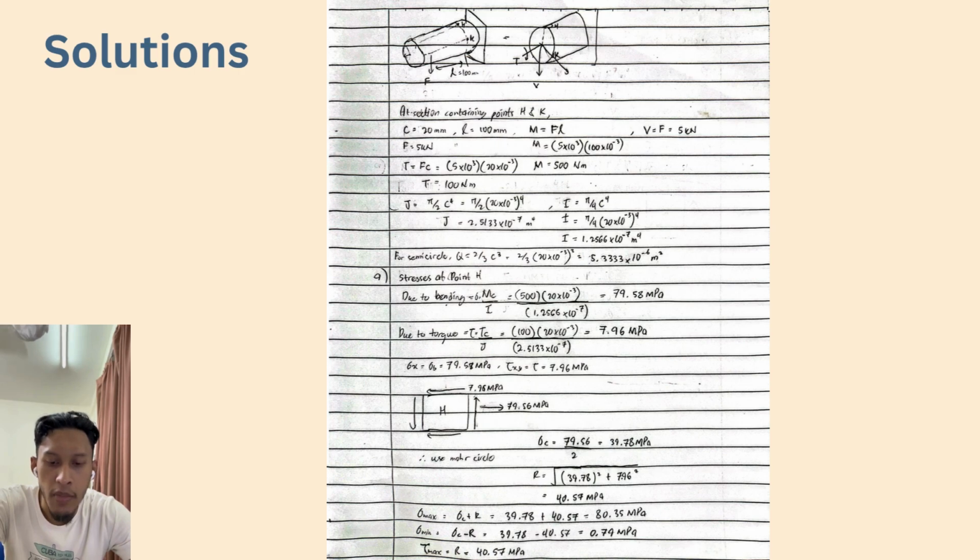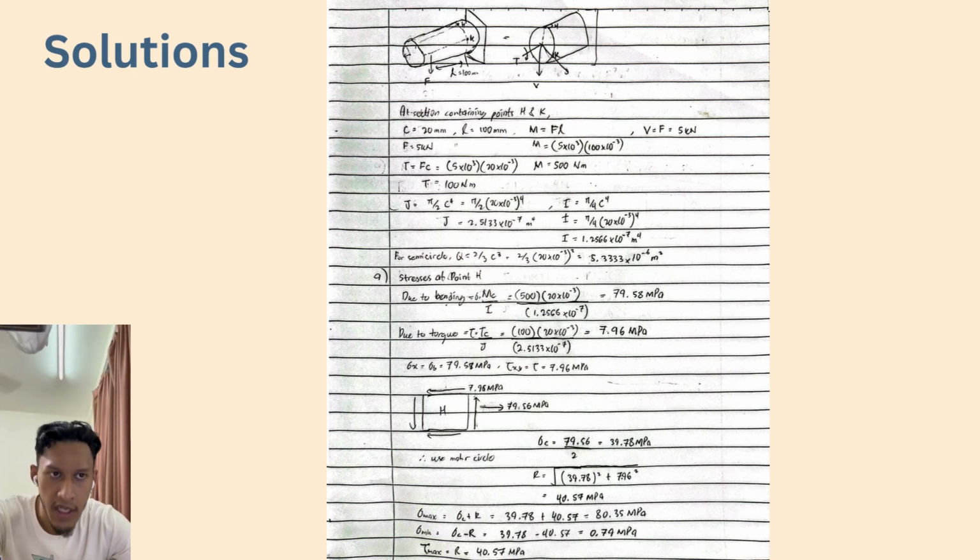So the radius is calculated by the square root of sigma stress x over 2, to the power of 2, plus shear stress xy to the power of 2, and we got the value 40.57 megapascal.